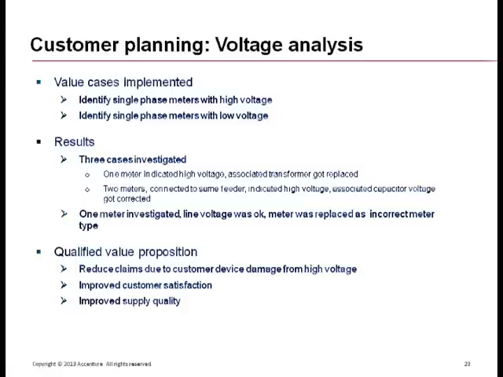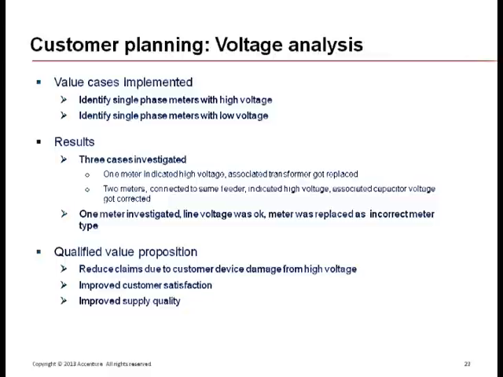So what we did was we identified any meter indicating voltage above 252 volt for at least 25 consecutive intervals as high voltage meter, and any meter indicating voltage below 228 volt for at least 25 consecutive intervals as low voltage meter. And we investigated 3 high voltage cases.